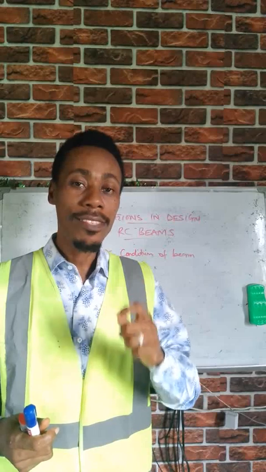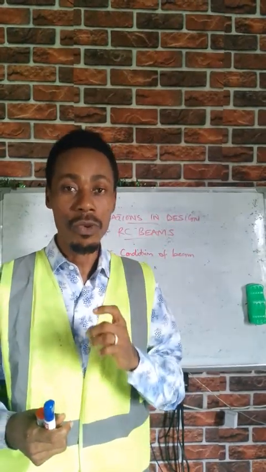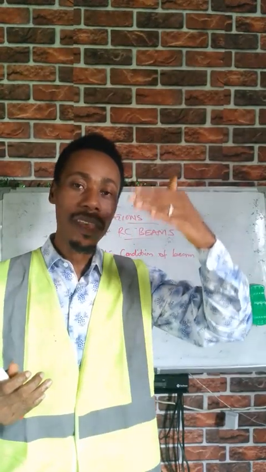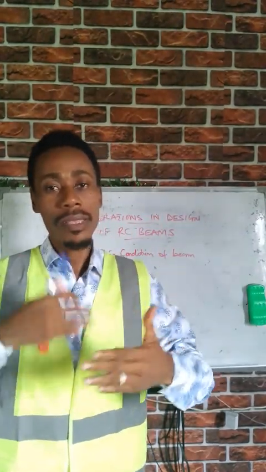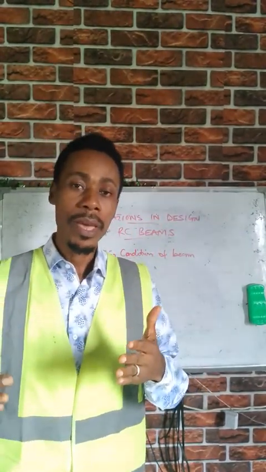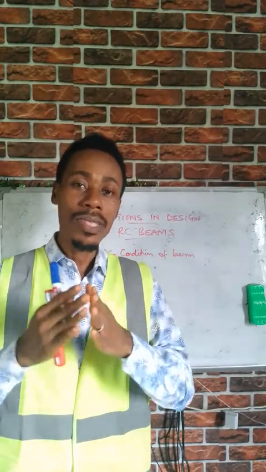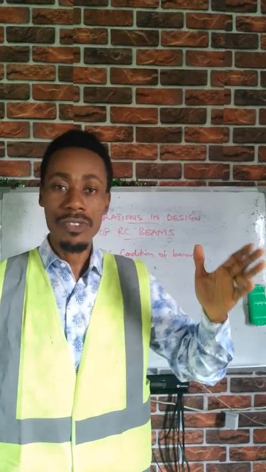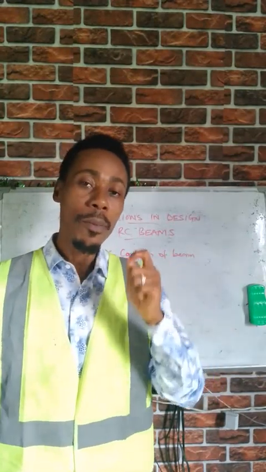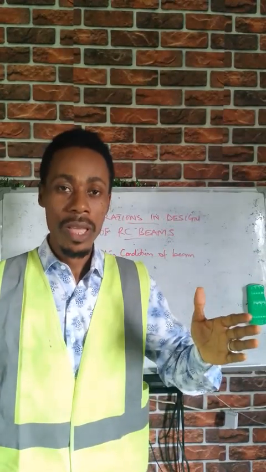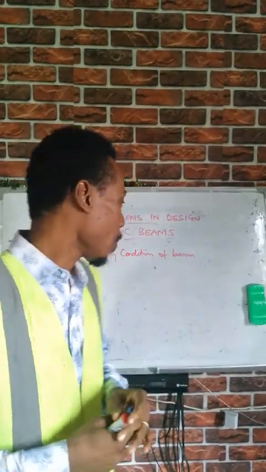It is very important you put that in view, because in design we design from the top, so from the slab the load is being transferred to the beam. Now this beam is expected to carry this load and transfer it to the columns. So it's important we understand this loading condition. It's very, very important.